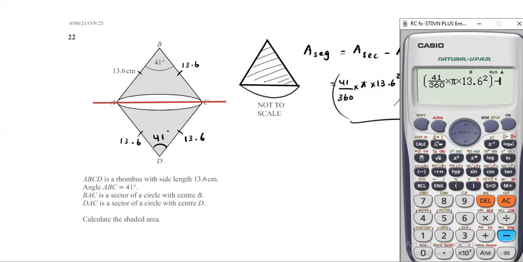From this, I need to deduct the area of the triangle, which is going to be half times AB sine C. So that is half times A, which is 13.6. I need to square that times sine of the angle, which is 41 degrees. So this is what we have. So that is equal to 5.50496.